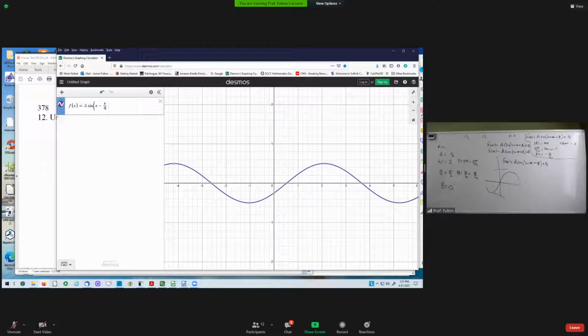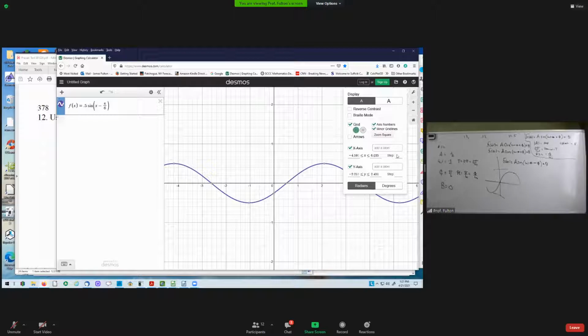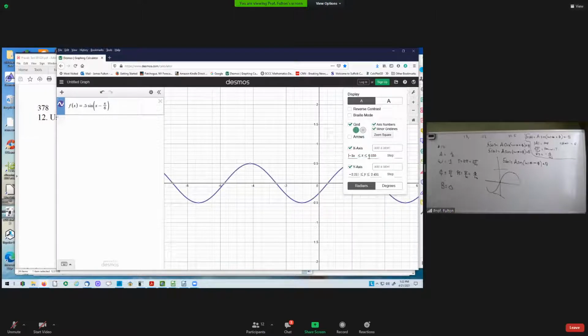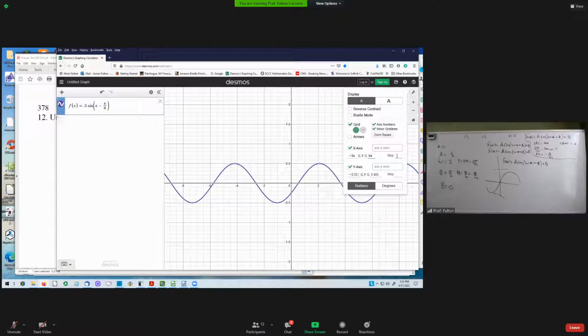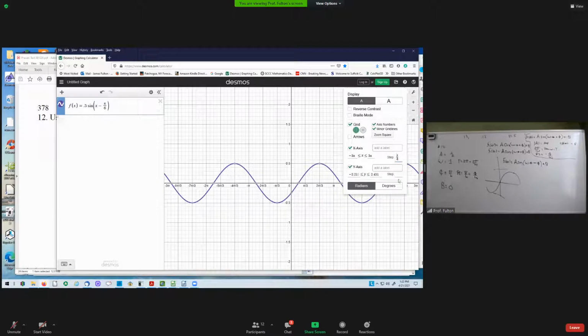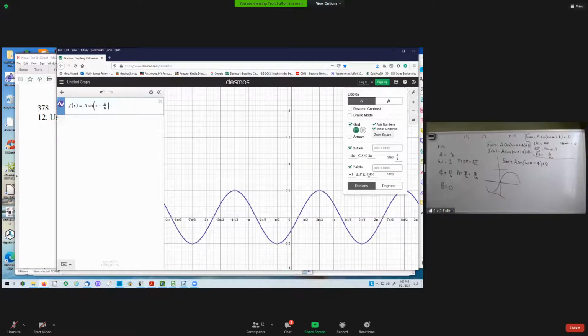And let's change the scales down here. We'll go in increments of pi over 3. Let's go from minus 3 pi, double negatives there, gotta be careful, to 3 pi. And that's my step, pi over 3. Let's go from minus 1 to 1.